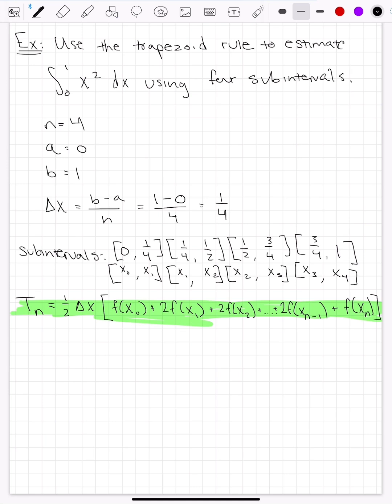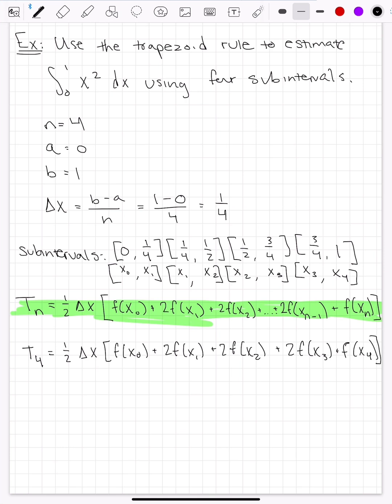So when I set up T4, it's going to be 1/2 change in x, and in this case, we have f of x0 plus 2 times f of x1 plus 2 times f of x2 plus 2 times f of x3 plus just f of x4, the very last one.